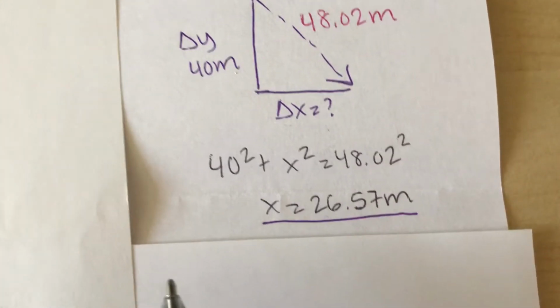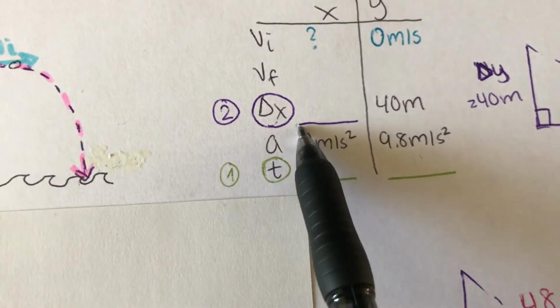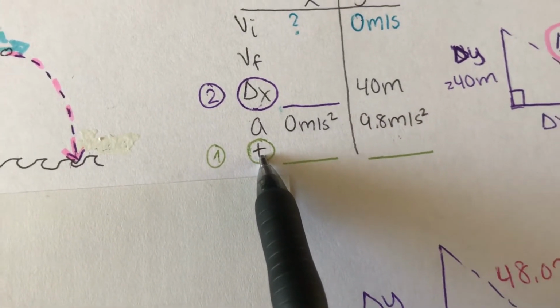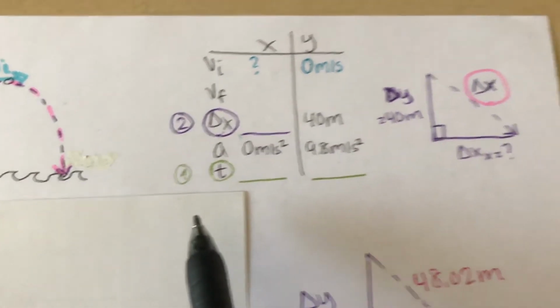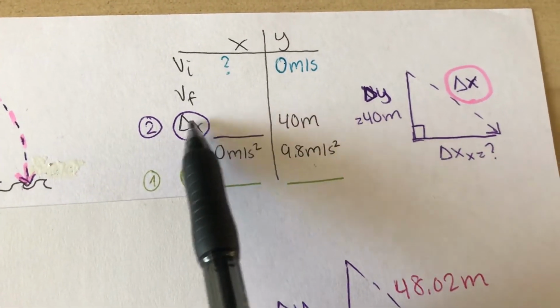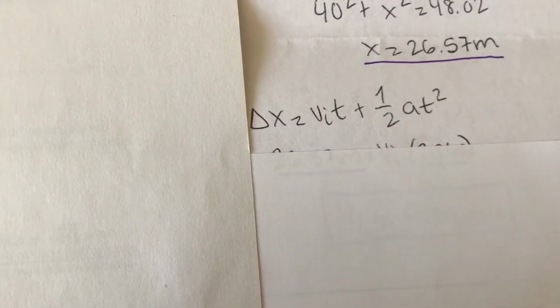Well, aren't we trying to find velocity initial in the x direction? And we have three components. We have acceleration, time, 2.86 seconds, which is the total time it takes for the rock to fall. We have the distance, which we found here. It's 26.57. So we just plug that into one of our kinematic equations.